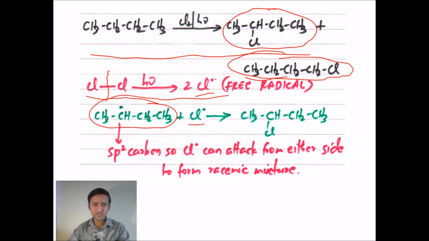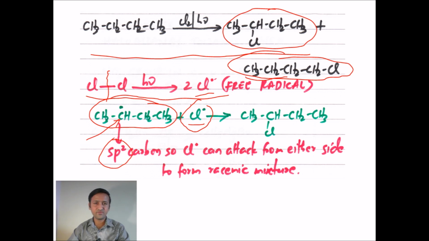If you see the structure now, the secondary carbon has one electron, so we get a free radical. And in the case of free radicals, the carbon is sp2 hybridized, and if it is sp2, the geometry can be taken as planar trigonal. With planar trigonal geometry, chlorine has the chance of attacking this carbon from both sides, right?